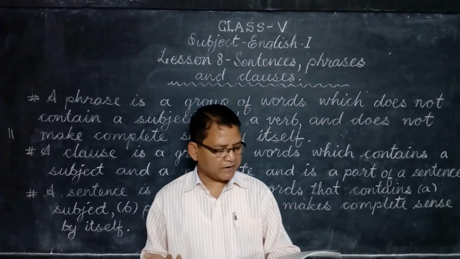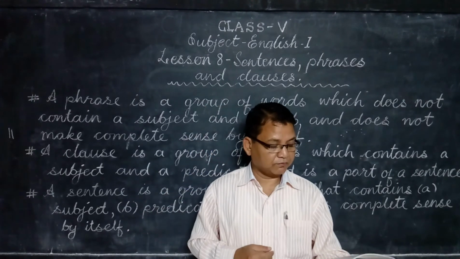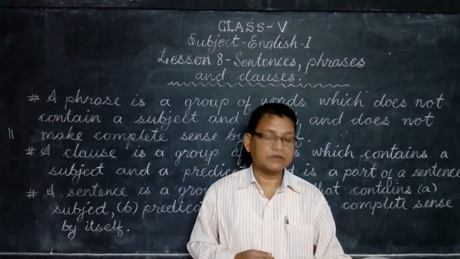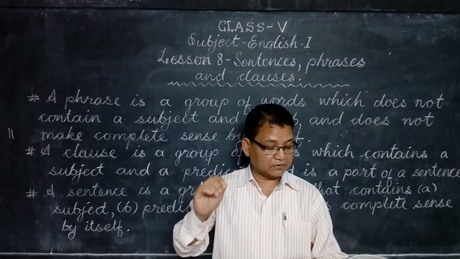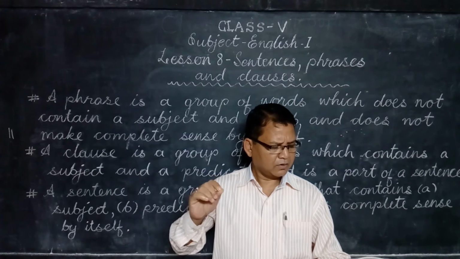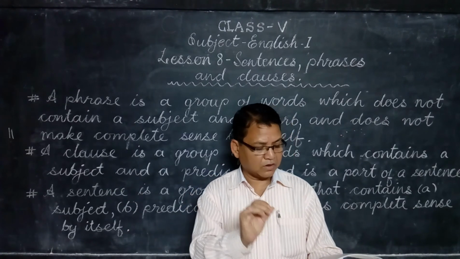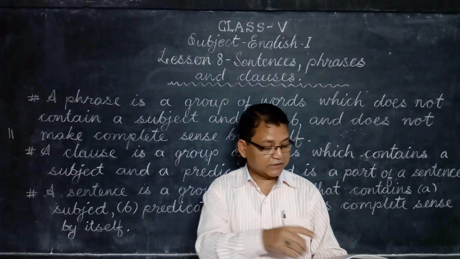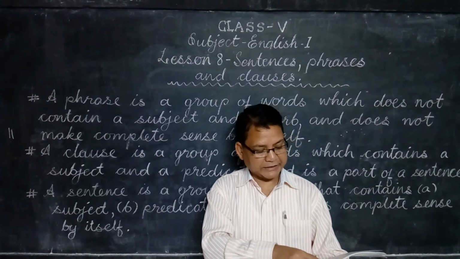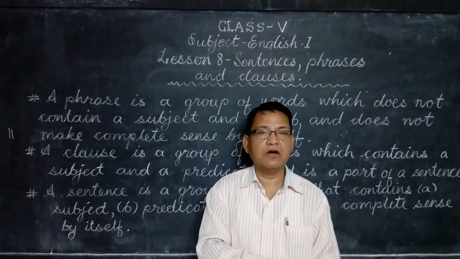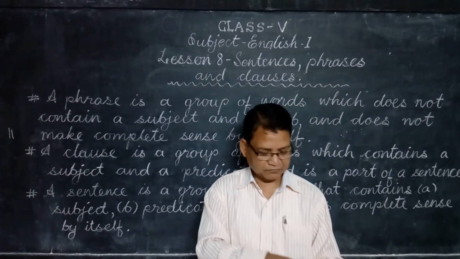Number one, a man who was walking through the forest. What is it? The underlined words are who was walking through the forest. It has no subject. It is giving you only a little bit of an idea. So it is a phrase.